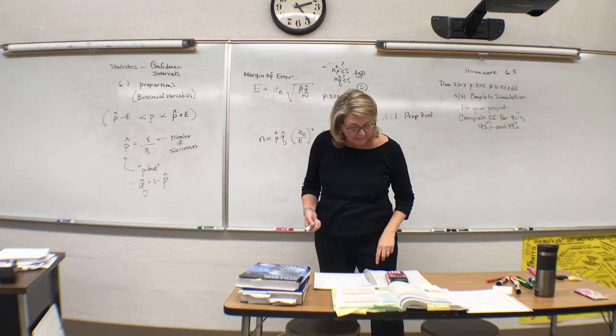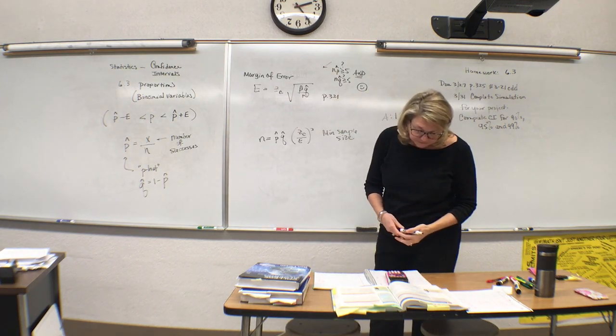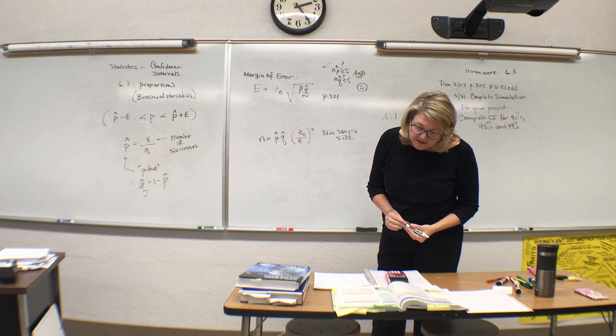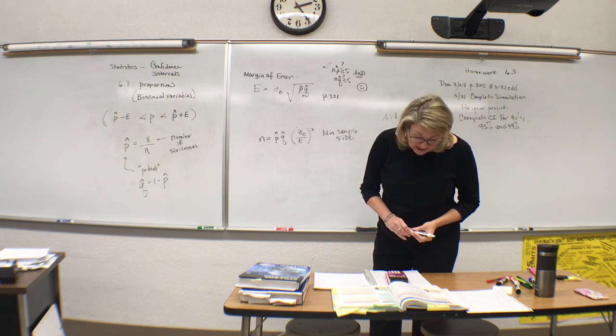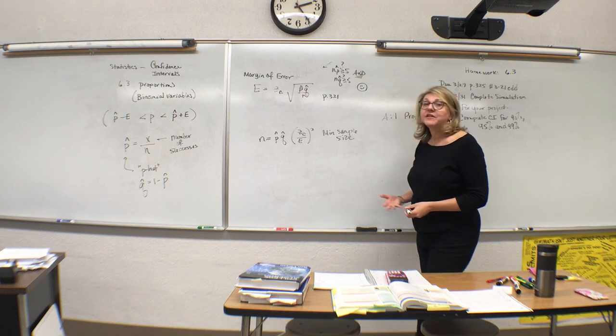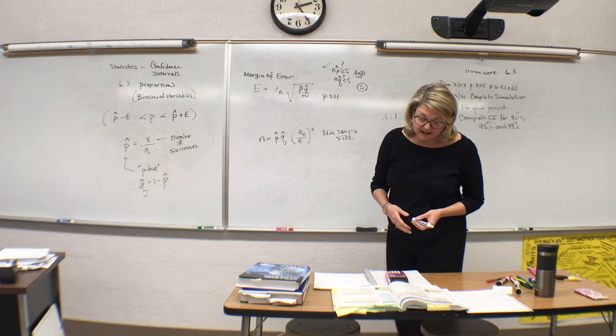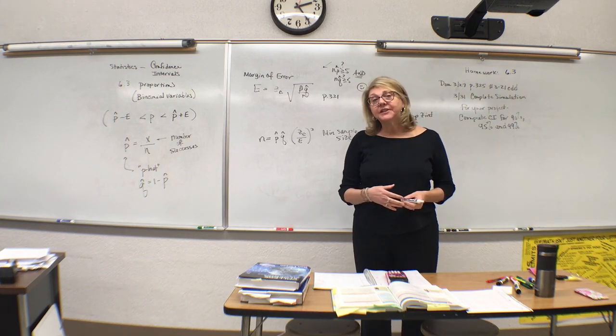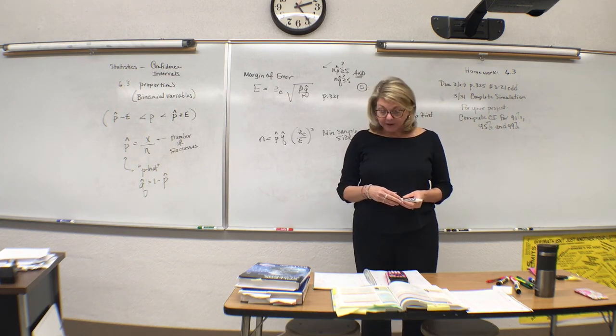If you choose that, again, it's going to ask you to put in X, which is the number of successes, N, which is the sample size, and the confidence level. So just as it's indicated in the box there, and hit calculate. And it's going to do the work for you.